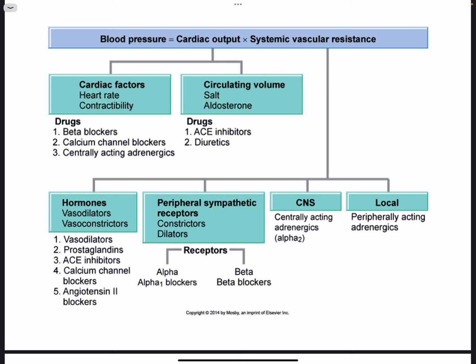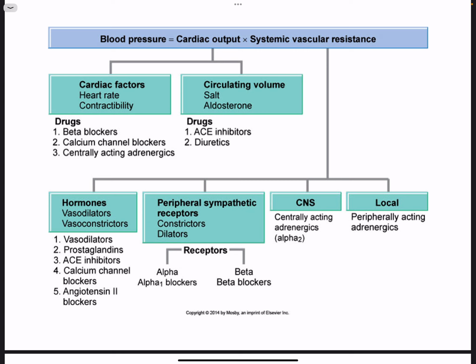Beta 1 receptors are present mostly in the heart, very good. Some are also present in the kidneys and other parts, but up to 90% are present in the heart, 7 to 8% in the kidneys and the rest in other areas.